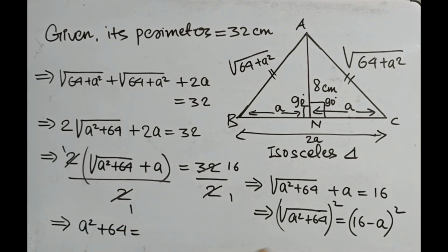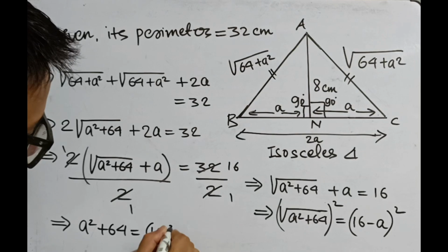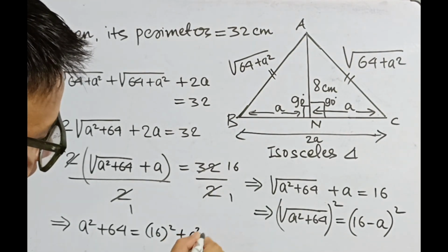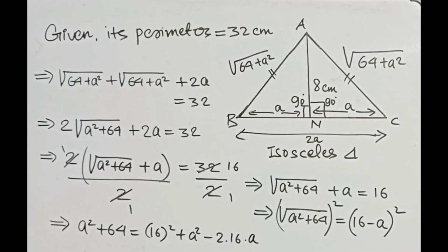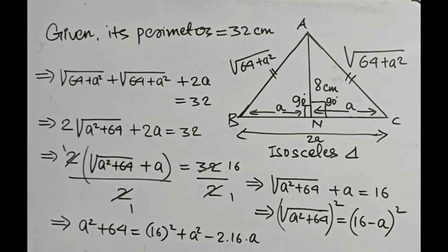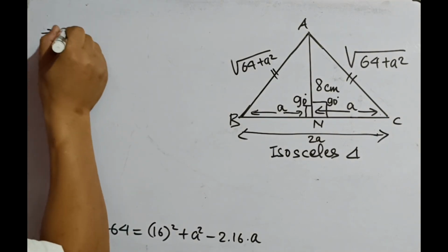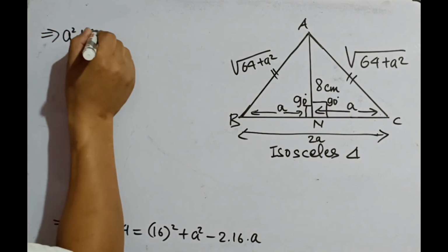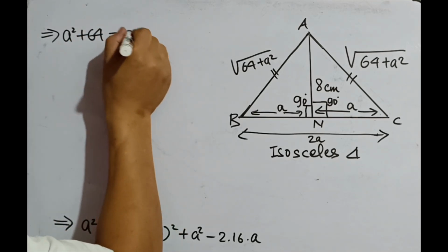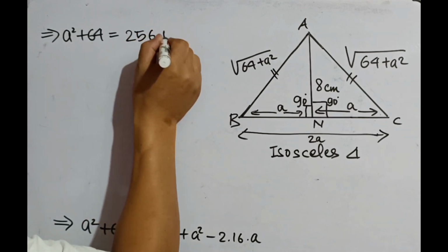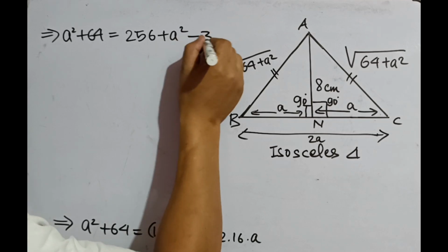And in the right hand side, 16 minus a whole square is equal to 16 square plus a square minus 2 into 16 into a. And we can continue here. It becomes a square plus 64 is equal to 16 square, which is 256, plus a square minus 2 into 16 into a, which is 32a.